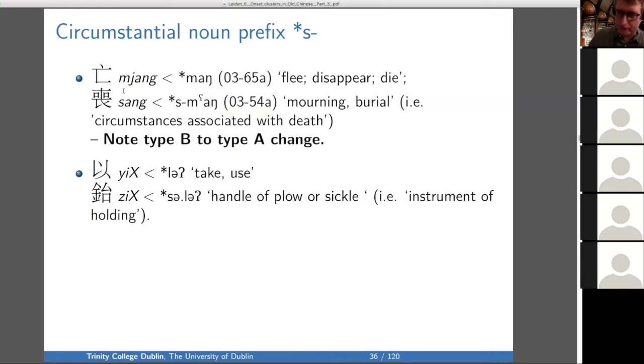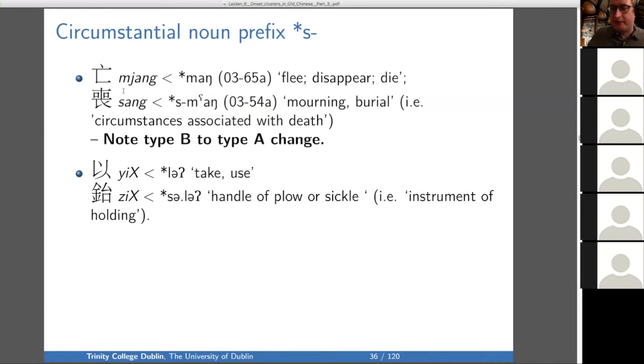There are other examples of, let's say, morphologically related words, one of which is type A and one of which is type B, which suggests that at some level in history, the type A-B distinction was segmental. Yeah, I think that's what it suggests to me, at least.